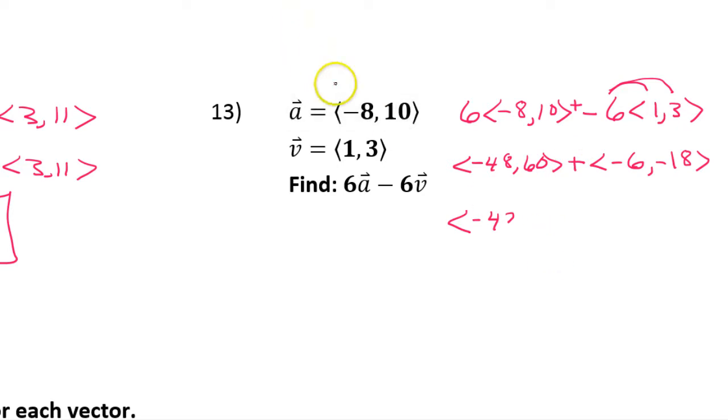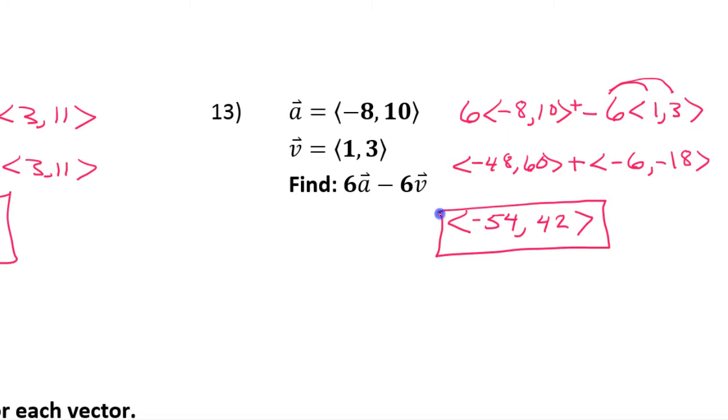This is going to be negative 54. Okay, negative 48 and negative 6. And then I will have, let's see, that would be 42. So this should be the resultant vector for number 13.